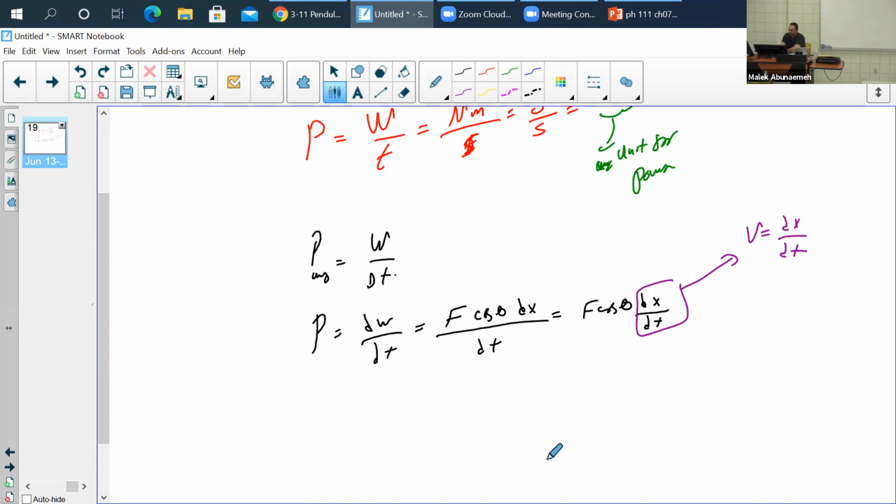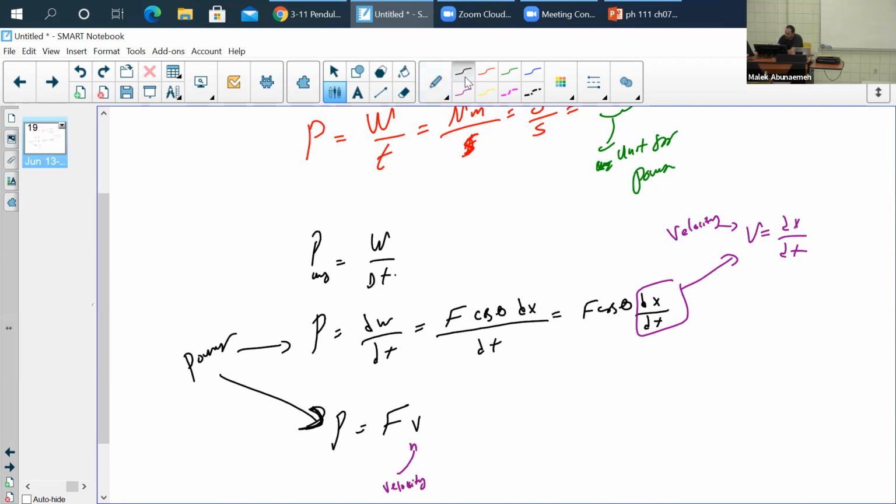So your power is going to equal the force multiplied by the velocity multiplied by cosine theta.